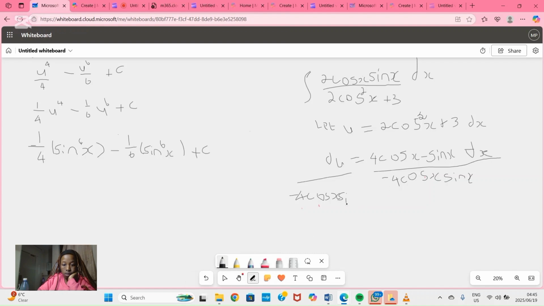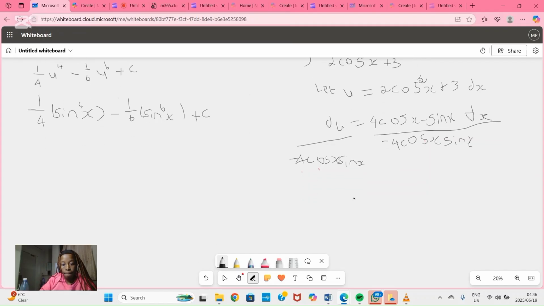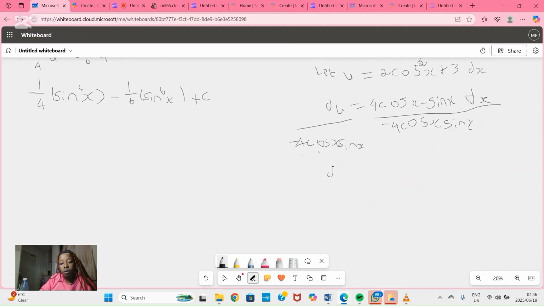So this is the value of our dx. dx is equal to 1 over negative 4 cos x sine x, which is the same as 1 over negative 2 times 2 cos x sine x.